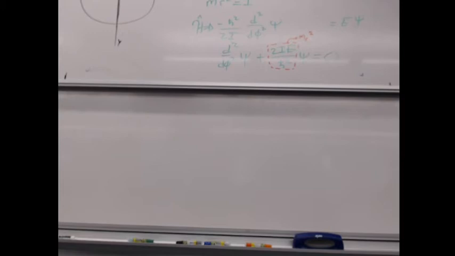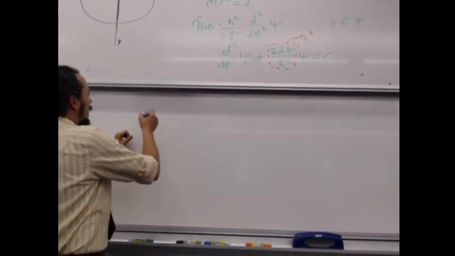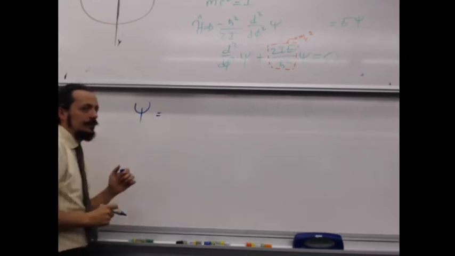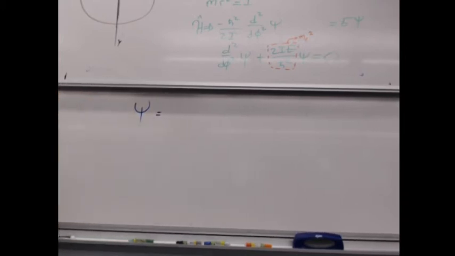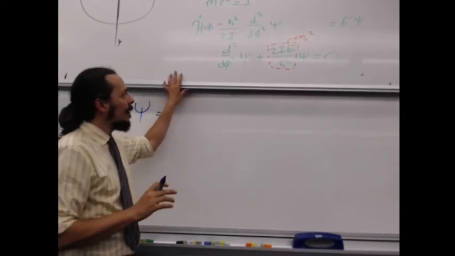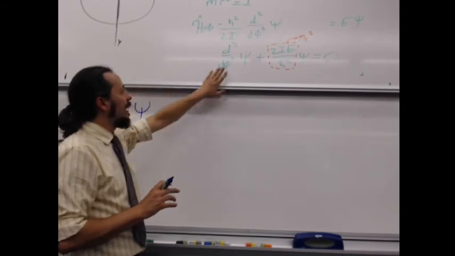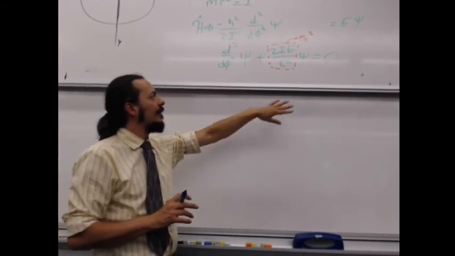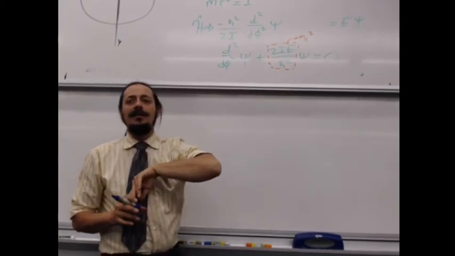What should I write as my wave function that's a solution to this? What are some possibilities? Not thinking about the physical space, but just thinking about this differential equation. Take the derivative with respect to phi twice, get the same thing multiplied by some constant.